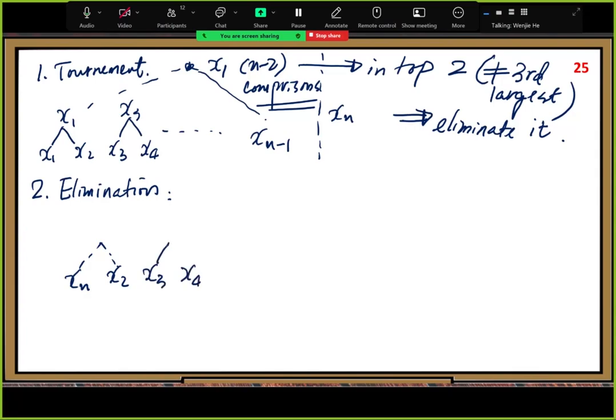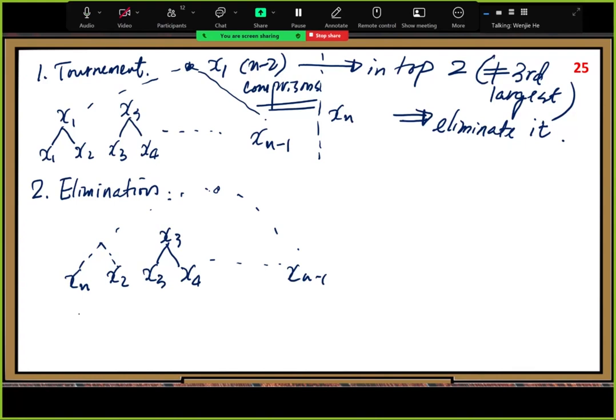Other elements, we keep the old information. We do not throw away old information. Then you run the tournament method, whatever it is. But you do not need to do a complete tournament method.